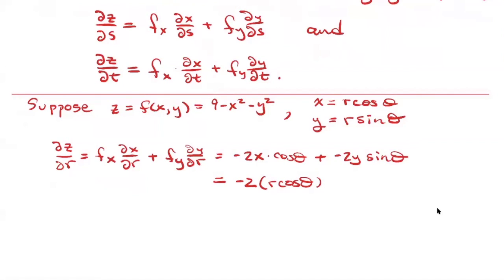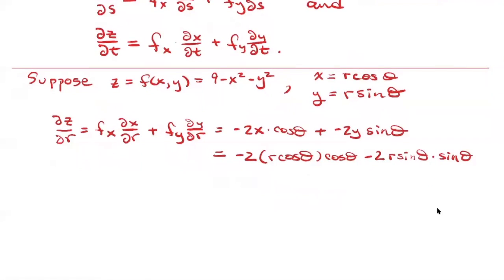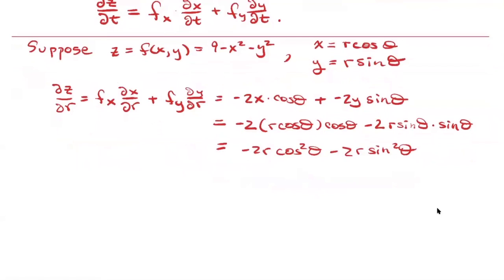Sorry about that. So then I get the cos theta in here. And then minus 2, and y is r sine theta, and then times another sine theta. So what I see here is a negative 2r cos squared theta minus 2r sine squared theta, which of course is just going to be negative 2r.